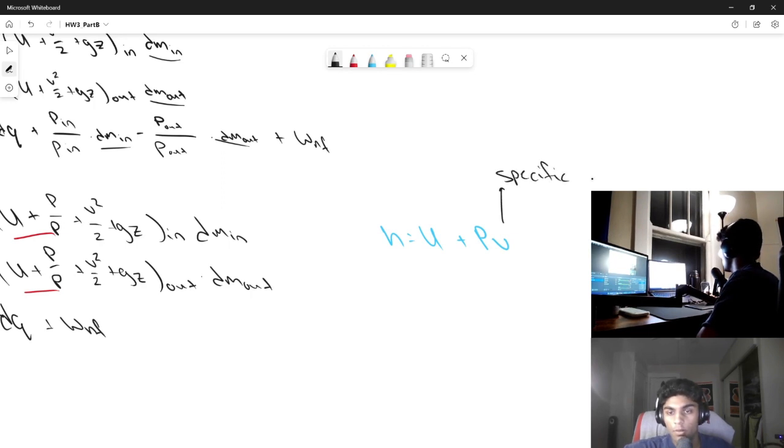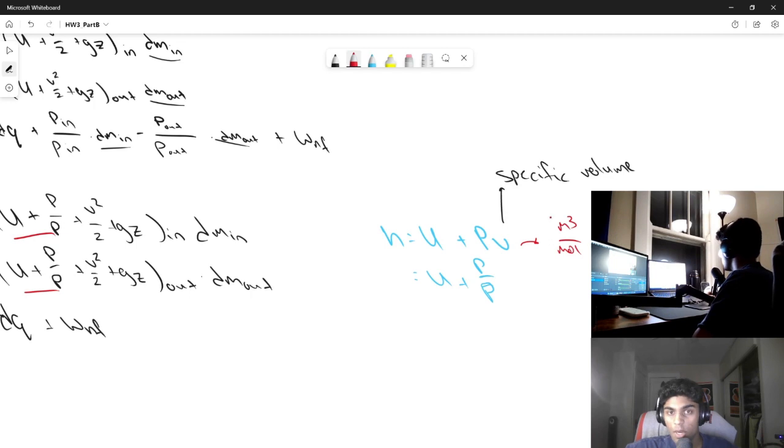Now, we can also rewrite this as the potential energy plus P over the density, which is this rho right here. And we can do this because this specific volume, if we had everything here in moles, would have units like meters cubed over mole.